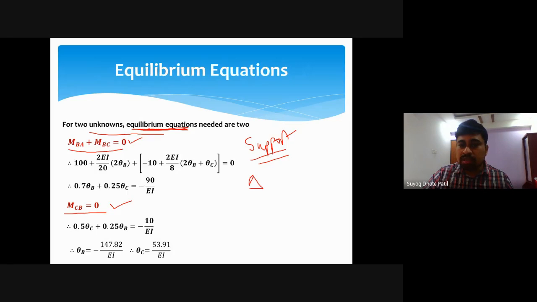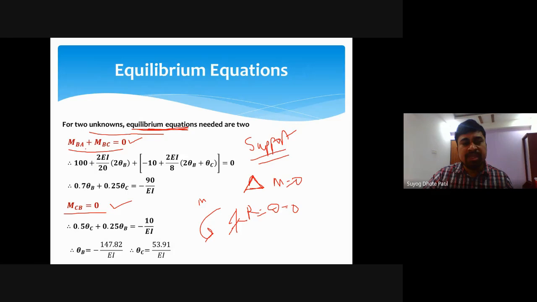If a hinge support is there, the moment will be equal to 0 because free rotation is possible. If a fixed support is given, then moment is present, because rotation is not possible, meaning theta equal to 0. That's why in the equilibrium equation, moment at A equal to 0 is not possible, and we have considered only joint B and joint C.